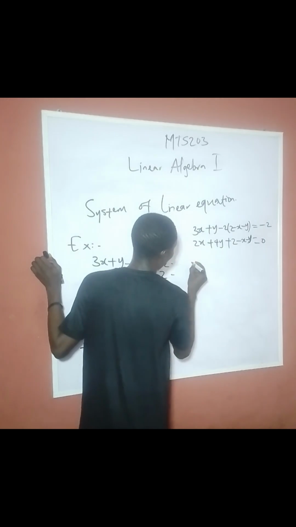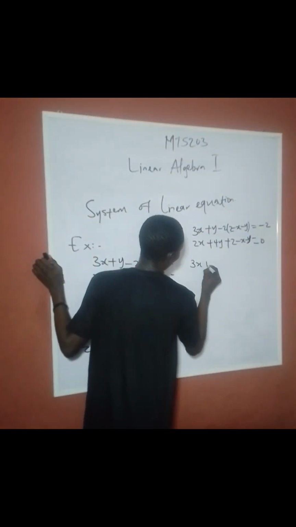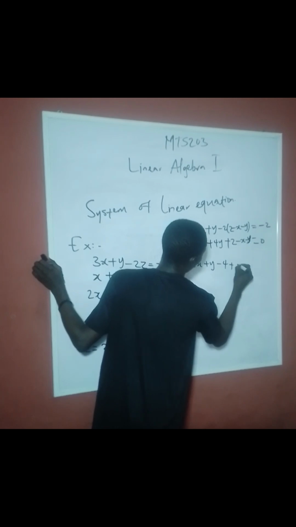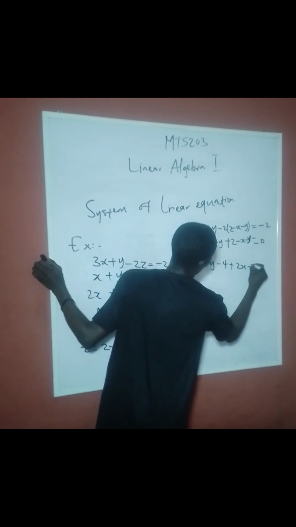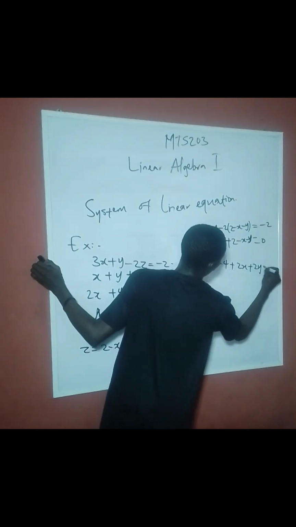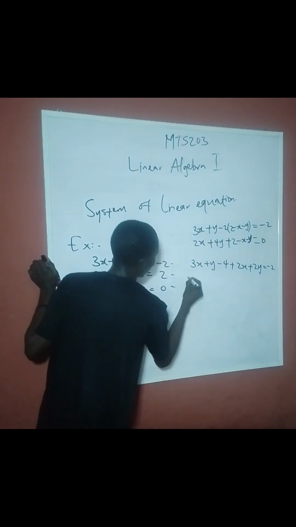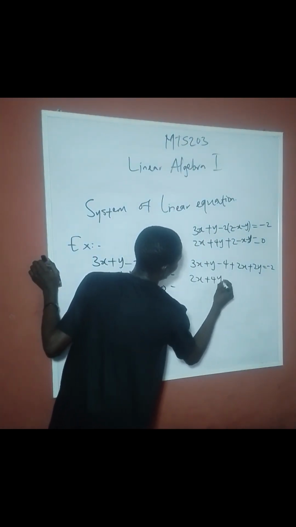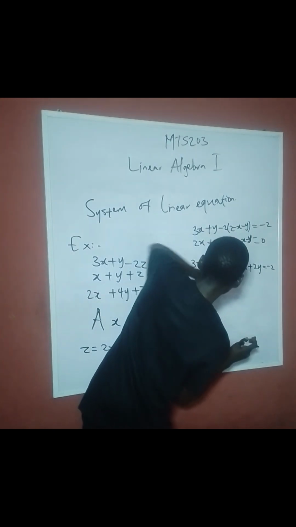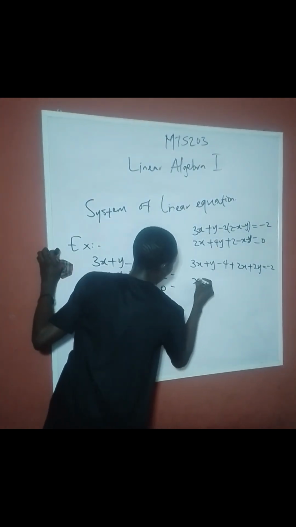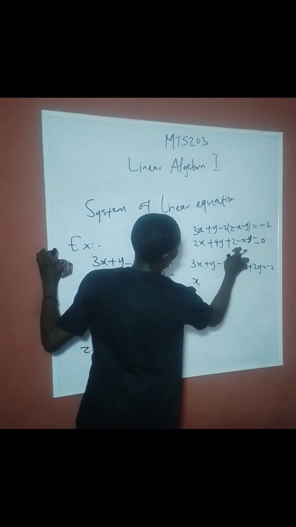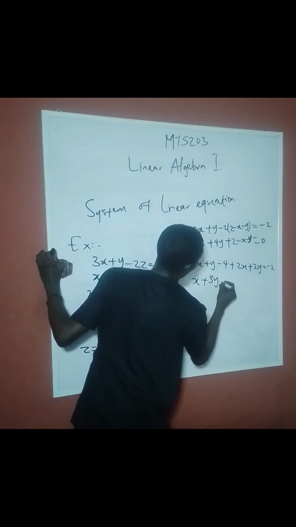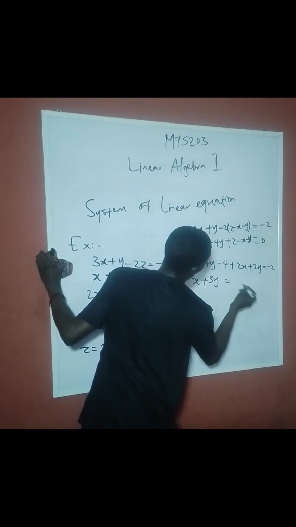So I have 3x plus y minus 4 plus 2x plus 2y equals minus 2, and also I have x plus 3y equals minus 2.